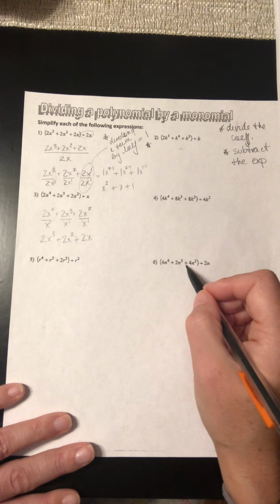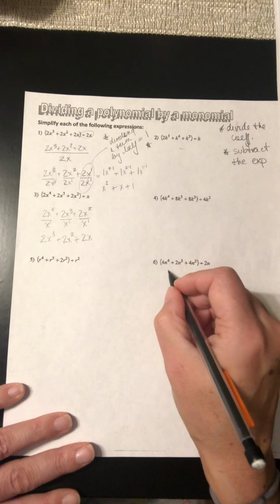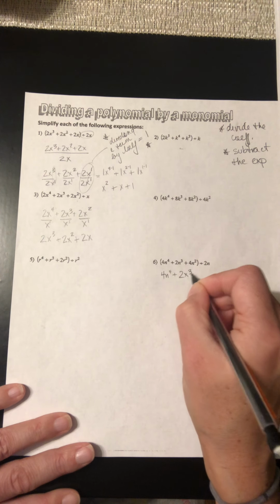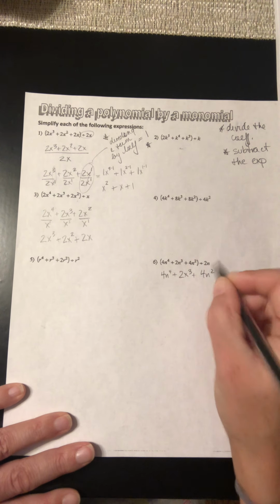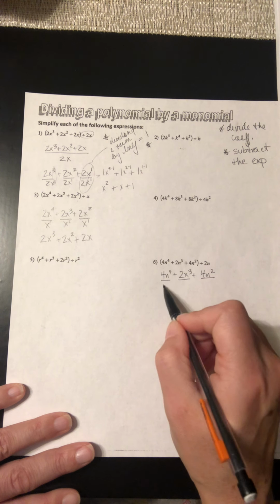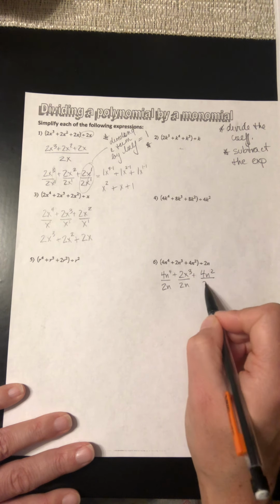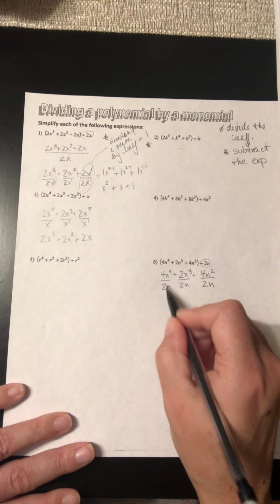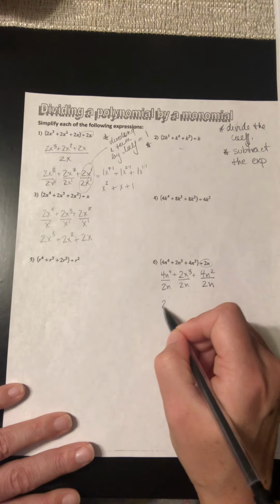And then I'm going to just jump to 6, just because. So this one, notice they have it in standard form already. That's what you will usually see. I'm going to take a 2n out of each of these. So then I get 4 divided by 2 is 2.